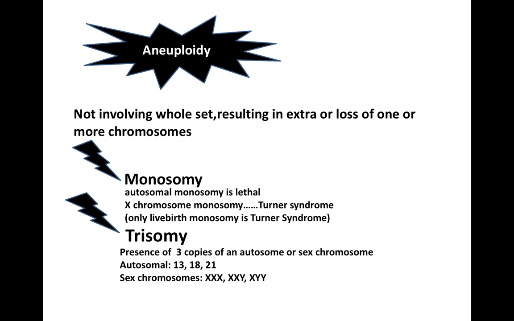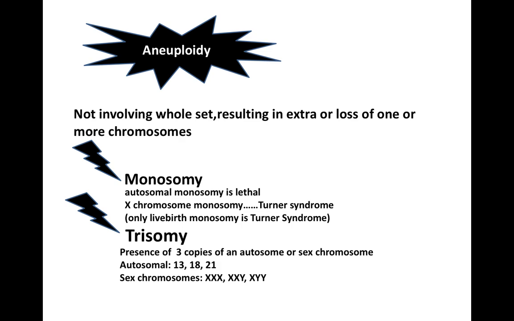Why especially these 3 chromosomes that you can have a trisomy from them? Because they have the smallest number of genes. And so the effect will be less damaging to the development of the baby than the other autosomes. However, still with these chromosomes, the rate of abortion is very high.